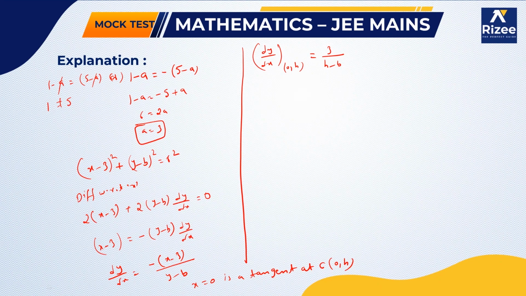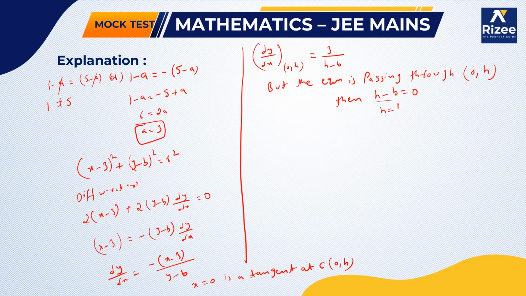But the circle is passing through 0 comma h. Substitute these values. Since the y-axis is a tangent, h minus b is equal to 0, so h is equal to b.